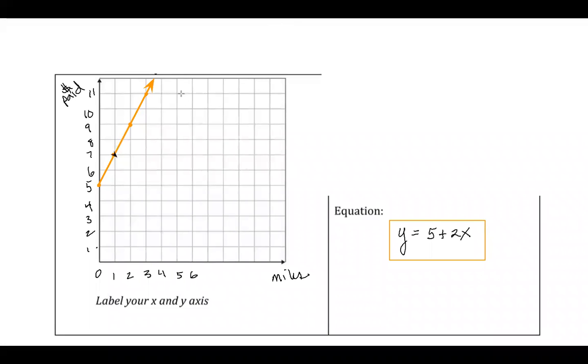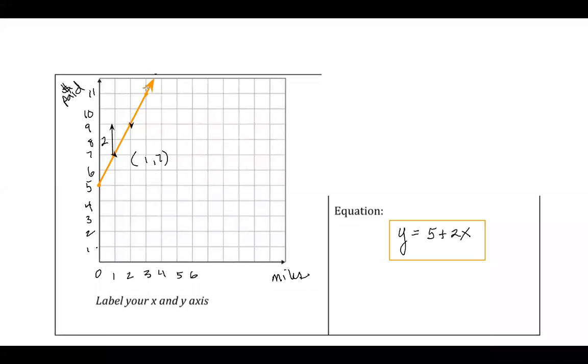So I'm just going to pick 2 points. These 2 points look good. This one and this one. I got 2 points. And I'm going to find the slope by doing the rise over the run. So if I start at this lower point, this point is 1, 7. And I go straight up. That's my rise of +2.